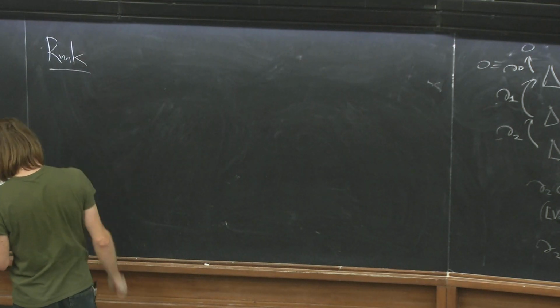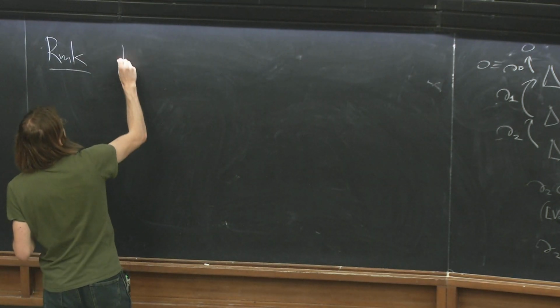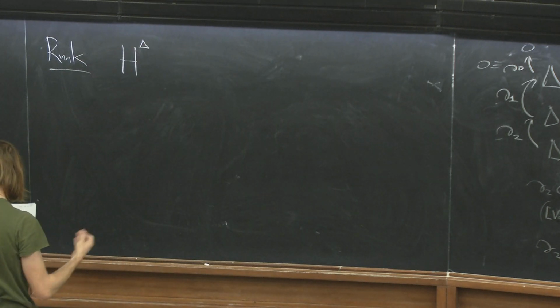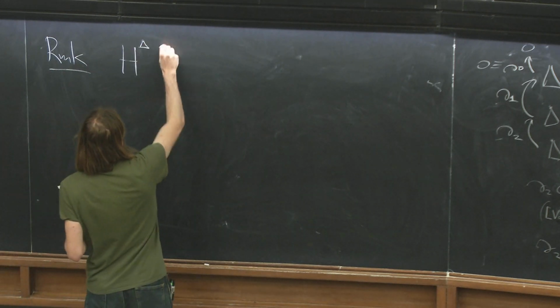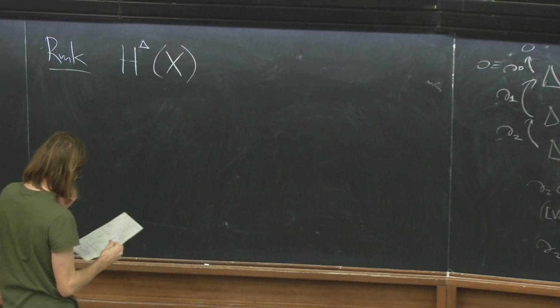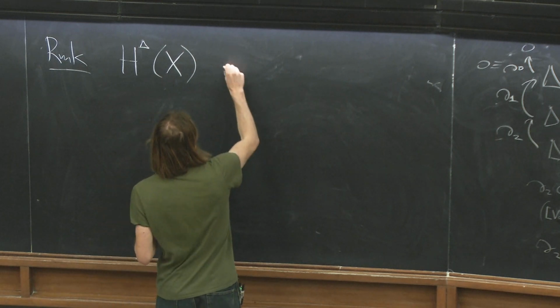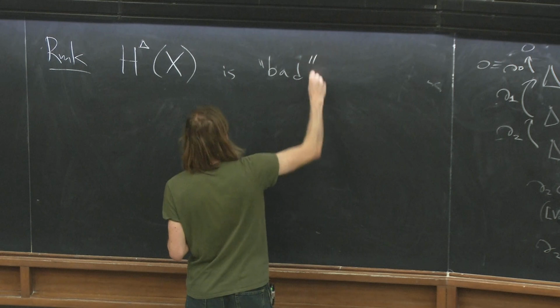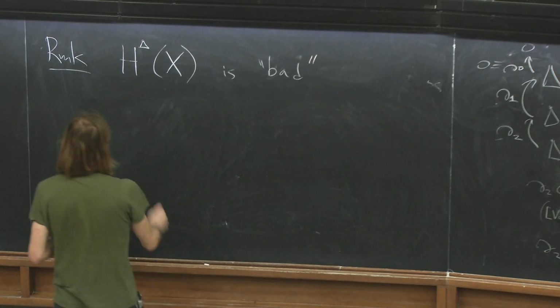I'm going to make the following remark. The way we defined this, we defined what we called simplicial homology for the topological space X. In a sense, this is a bad definition. Why is it bad?